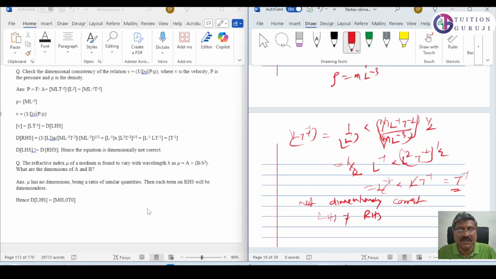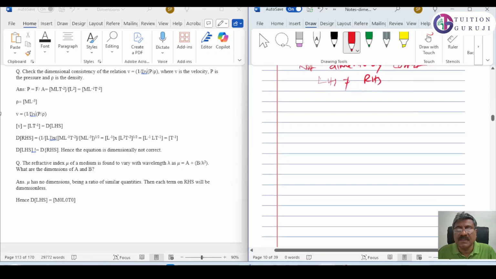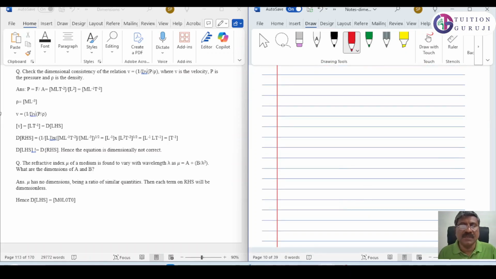Now the refractive index mu of a medium is found to vary with the wavelength lambda as mu is equal to A plus beta lambda square, where lambda is wavelength and mu is refractive index.